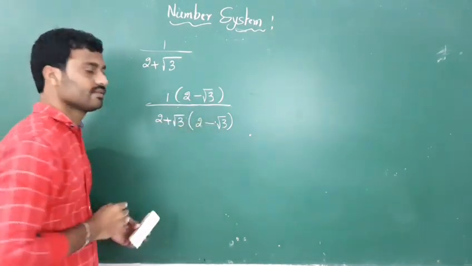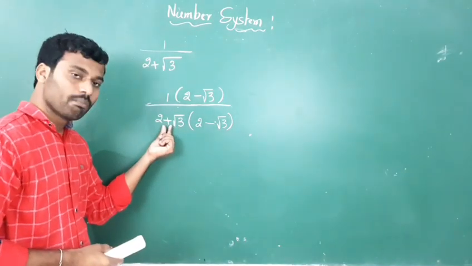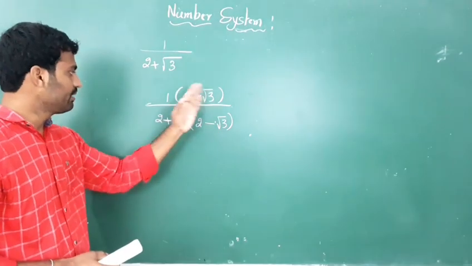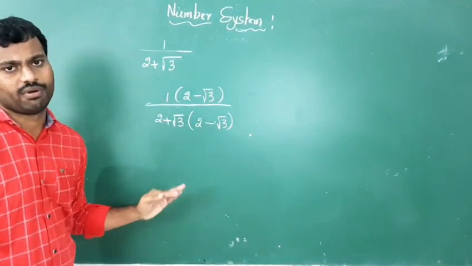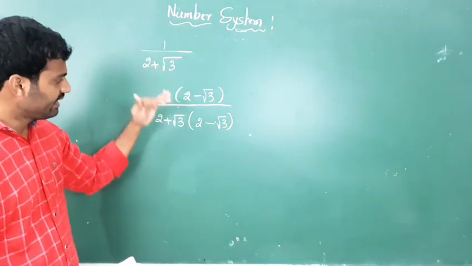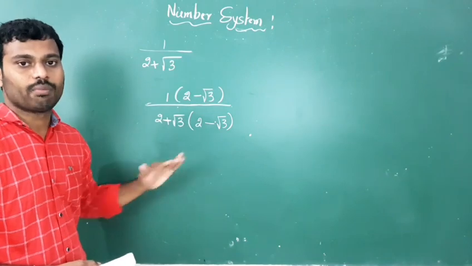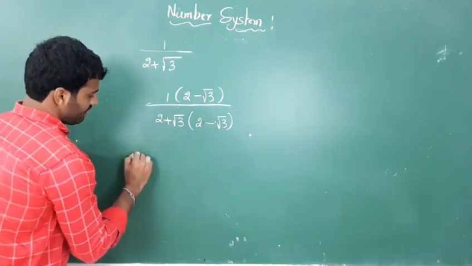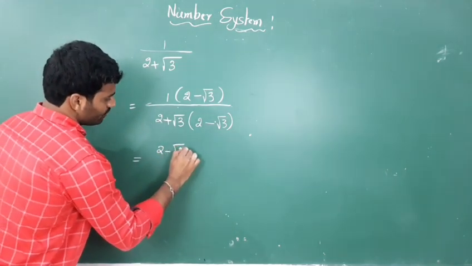Here also minus, with the same numbers. If between these two there is minus, you should take plus. And you should multiply to both numerator and denominator. Same concept; for any problem, the same method you have to do in the rationalizing denominator concept. So multiply: first, 1 into anything, the same number you get. 2 minus root 3.